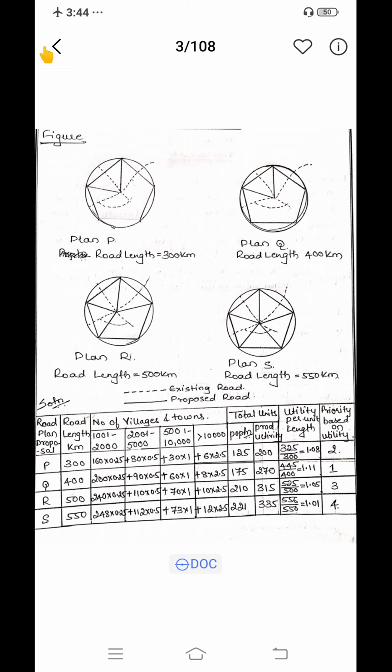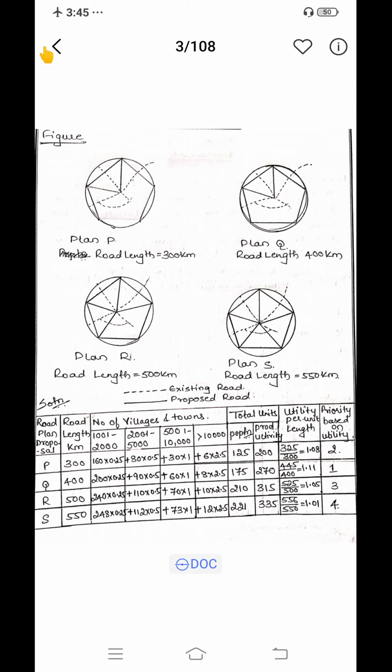Once again, the one with higher utility per unit length gets priority 1. So 1.11 is priority 1. Next is 1.08 from proposal P, then 1.05 from proposal R, and later S with 1.01.